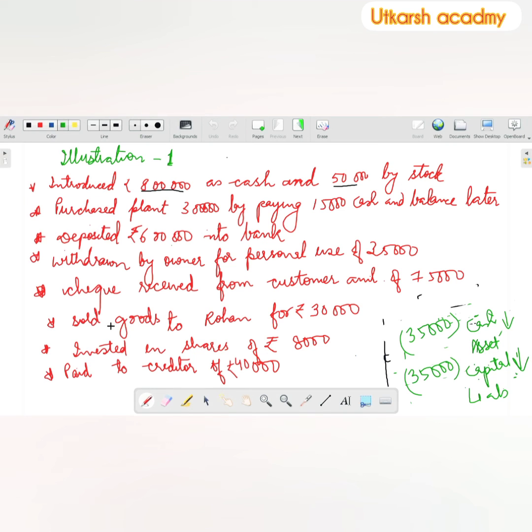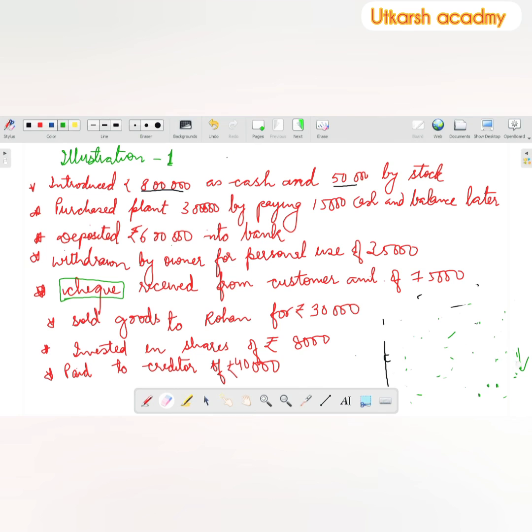What is the next transaction? Check received from customer, amount of 75,000. Fine. Here, check means the amount will be deposited into the bank. Whenever cash is written, add it to the cash, and whenever there is a check, it will be added to the bank column.